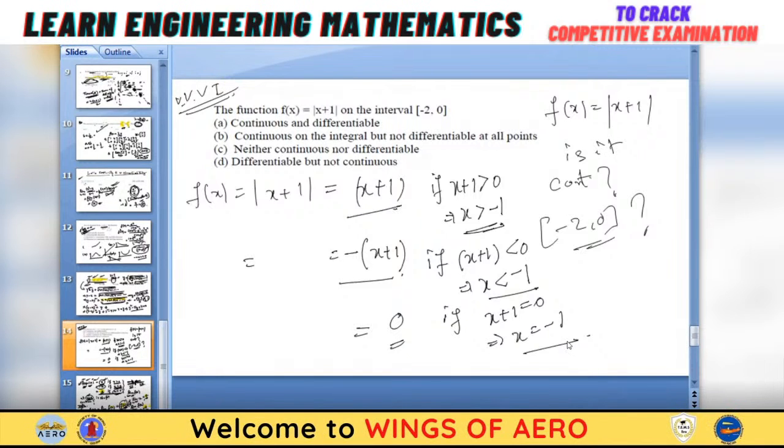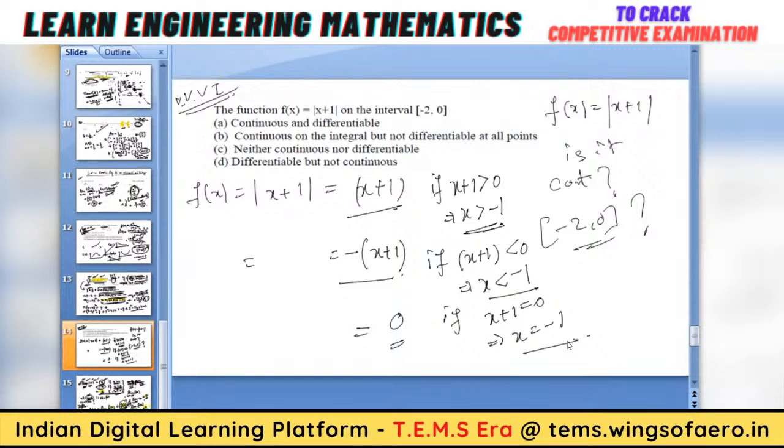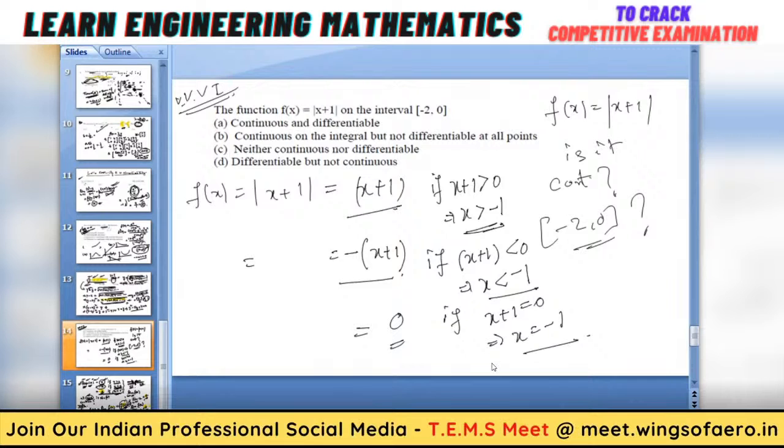Exactly, it is continuous. So when I'm checking the right limit, left limit, and then at the point x is equal to 0, all I'm getting is 1, sir. Exactly, all will be getting 1.